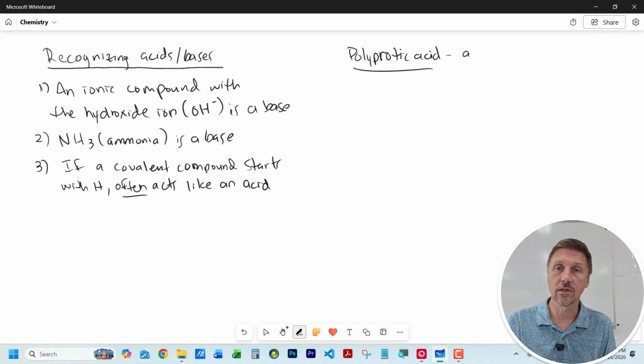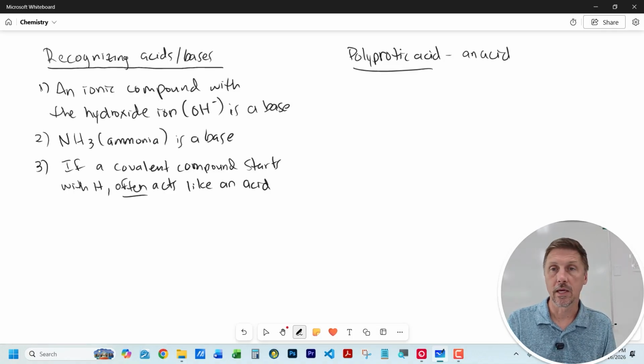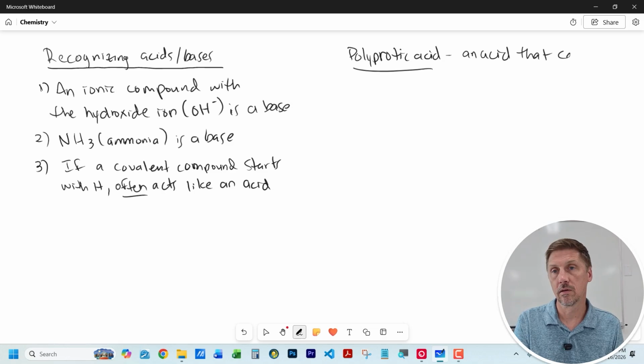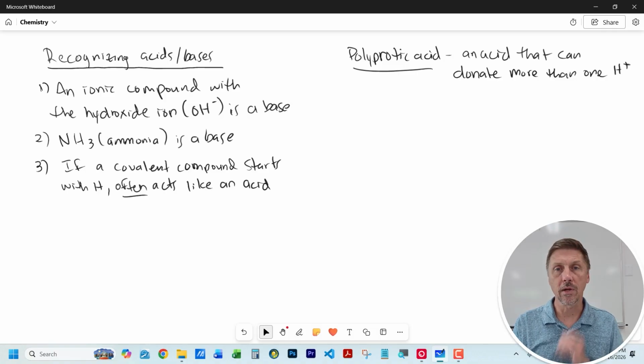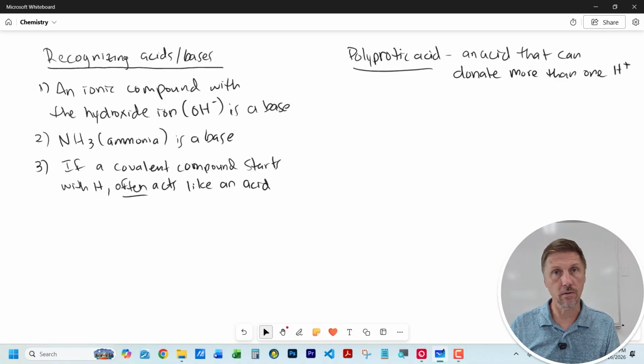So an acid that can donate more than one H plus. All right, so again, be aware of that term. We'll work with some acids where more than one H plus is donated.